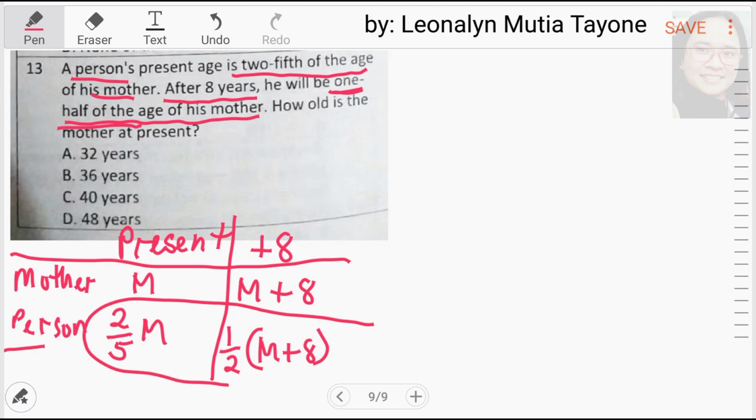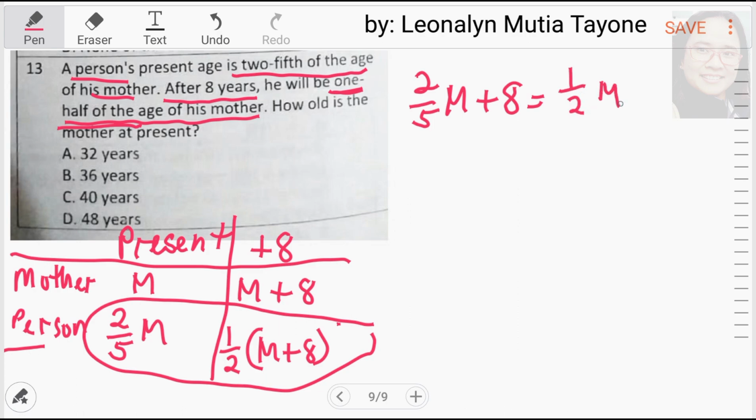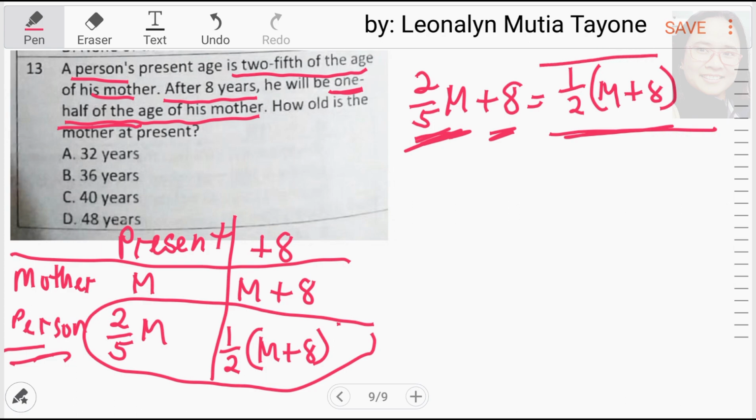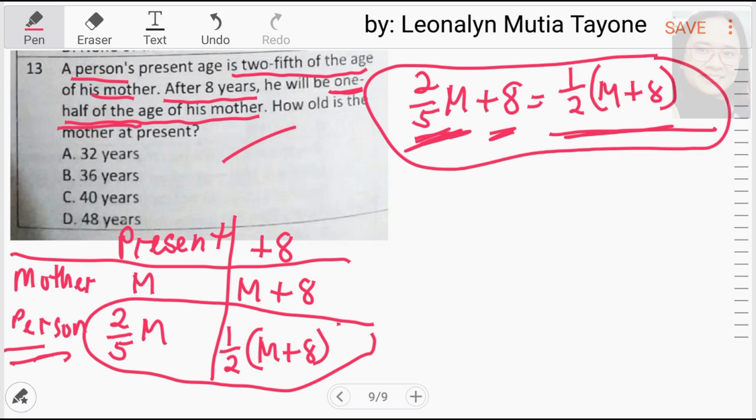Ngayon, ito yung i-equate natin. 2/5 of M plus 8 para maging equal siya sa 1/2 of M plus 8. Kasi ito yung present age nitong person na to. Mag-add ka ng 8 para maging equal nitong 1/2 of M plus 8. Ito na yung equation dito sa problem na ito.